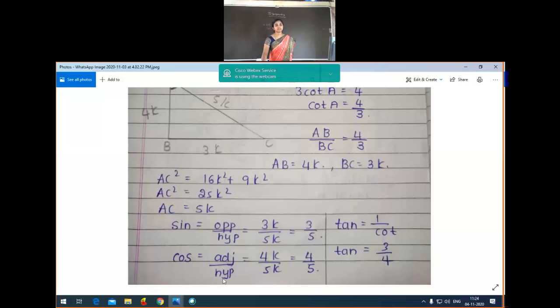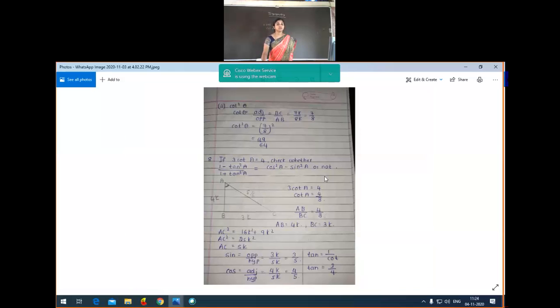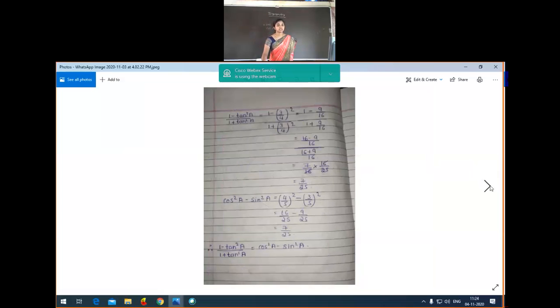Cos A is adjacent by hypotenuse, that is 4K by 5K, that is 4 by 5. Tan A is 1 by cot A, that is 3 by 4. Here cot A is 4 by 3, in the sense tan A is 3 by 4. Now we got the required ratios. Now we have to substitute and check whether LHS is equal to RHS.